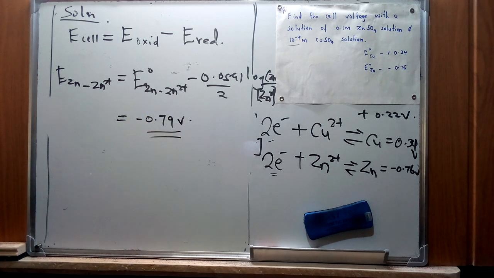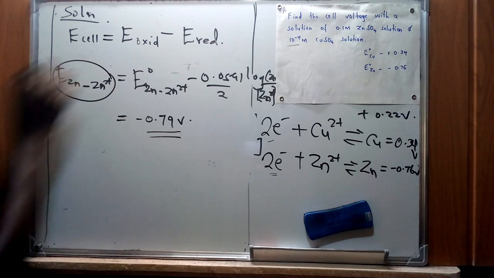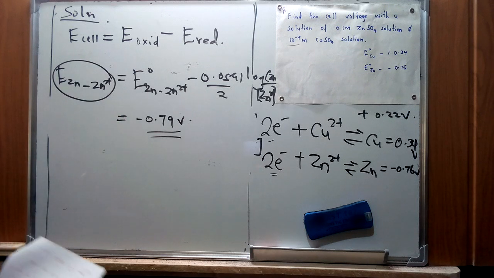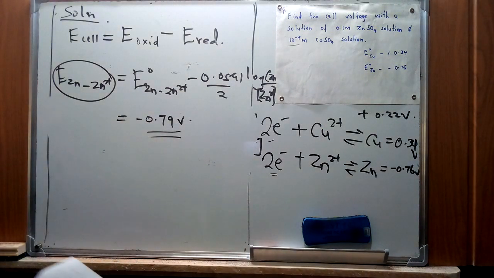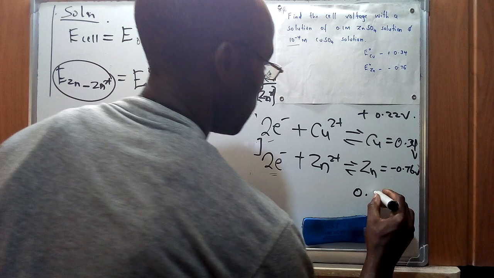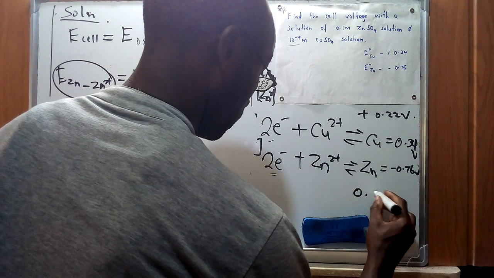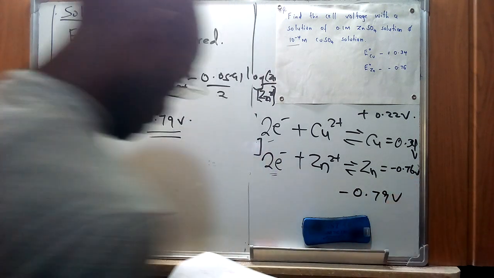So therefore, having found the E actual for zinc and E actual for copper, for zinc it's going to be 0.79 negative volts.